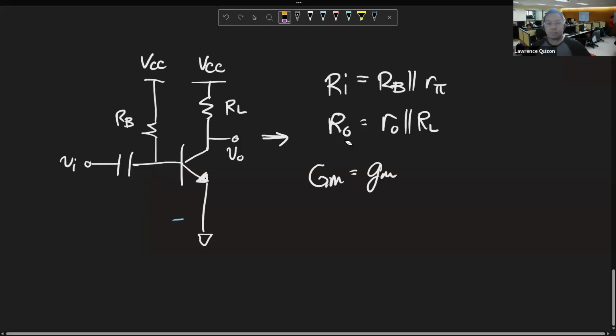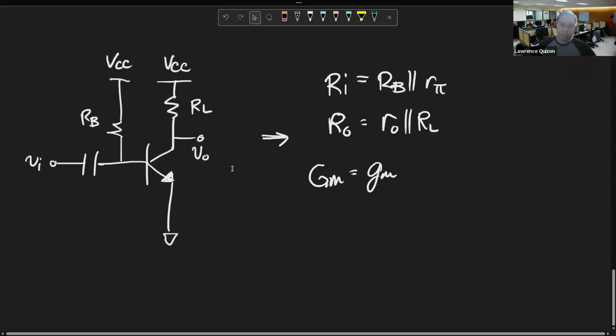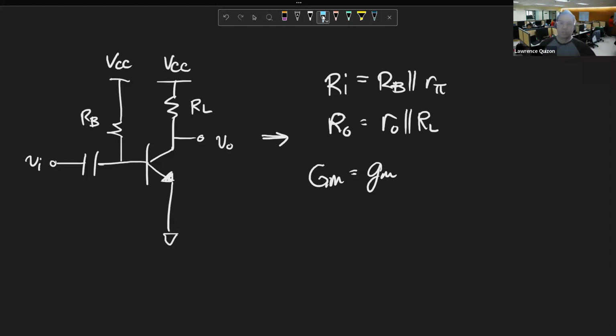Now, let me try to build up an intuition. You might not get it yet, but the more circuits you solve, the more circuits you see, you'll understand this perspective. As mentioned earlier, the V out sees the transistor on one side and RL on the other.